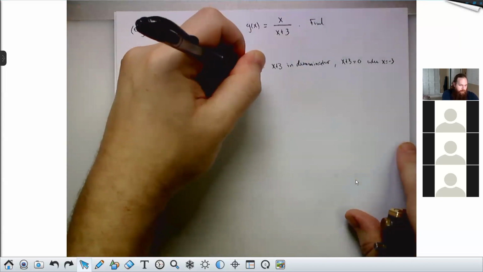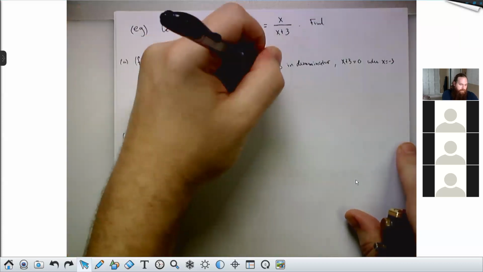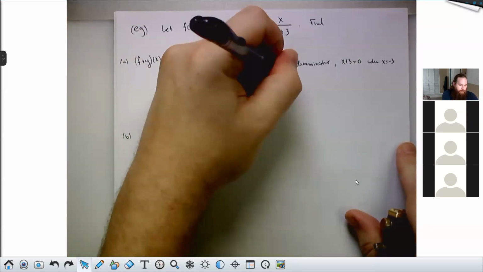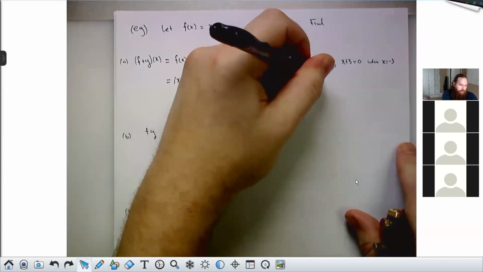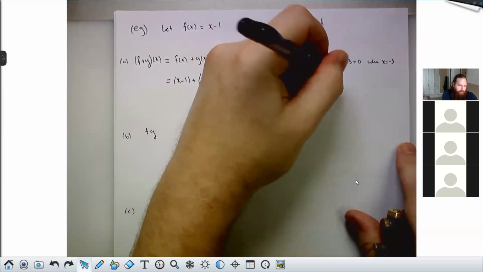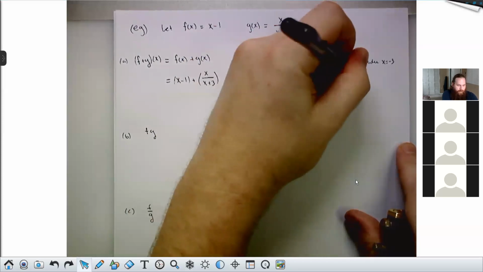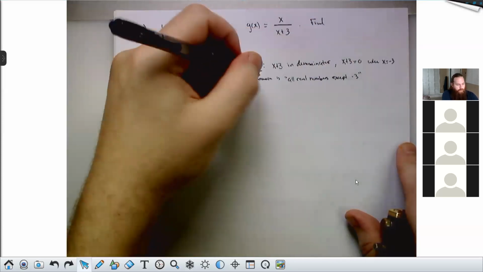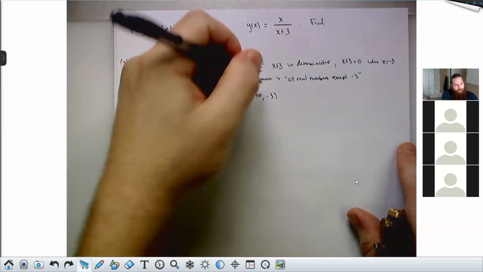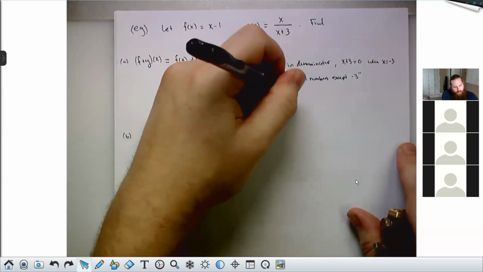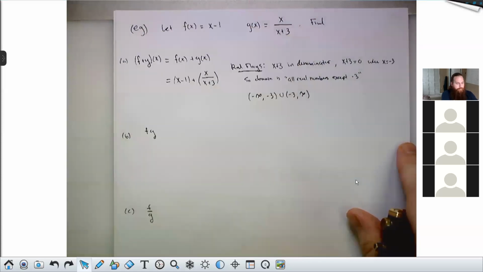So our domain is all real numbers except negative 3, which in interval notation is negative infinity to negative 3 unioned with negative 3 to infinity.